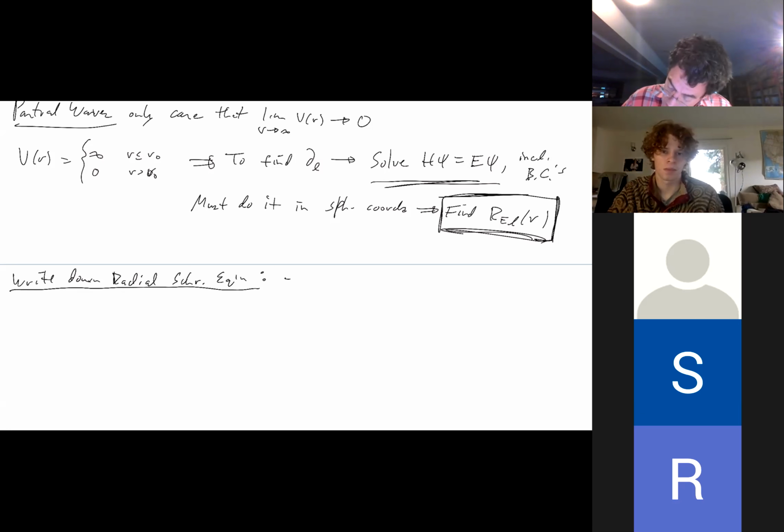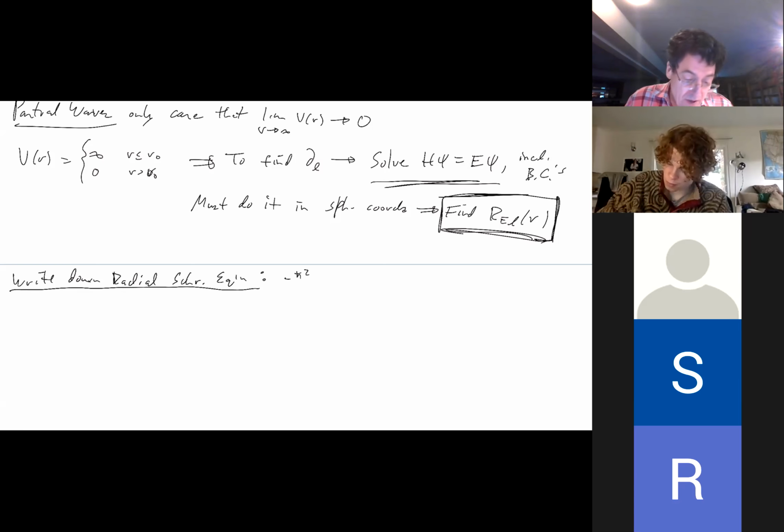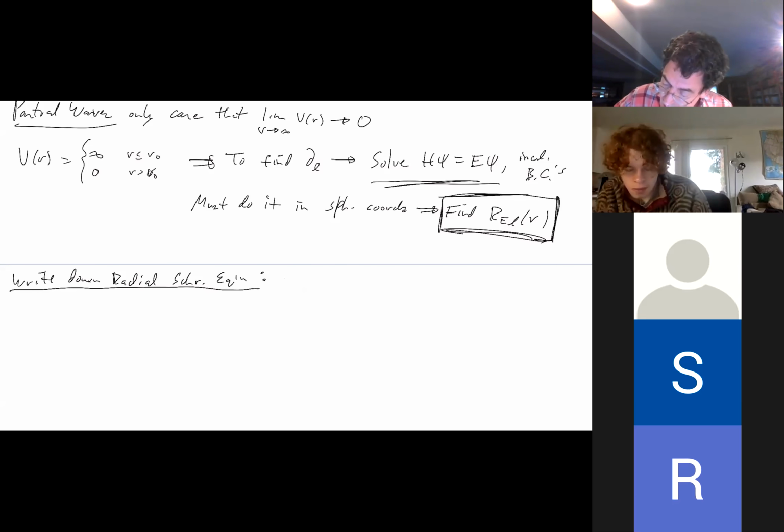Negative h bar squared over 2m, 1 over r squared d/dr. Do I even have space? Actually, I'm going to erase it from here and write it below. Here's the radial Schrodinger equation.